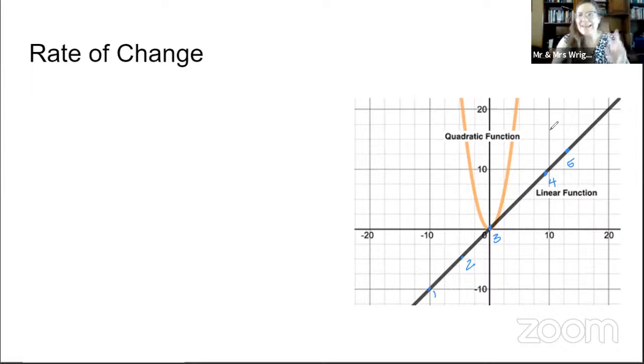It doesn't matter, any 2 points. And you can calculate the rate of change and it will be constant, or the same thing, no matter what 2 points you choose, whether they're right next to each other or far apart. It does not matter. So that is a constant rate of change, gives us the slope, right?